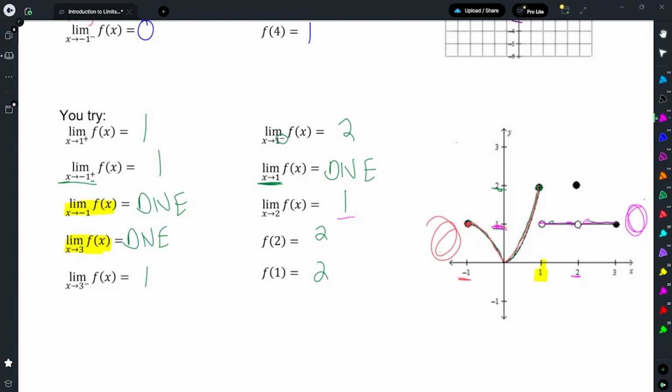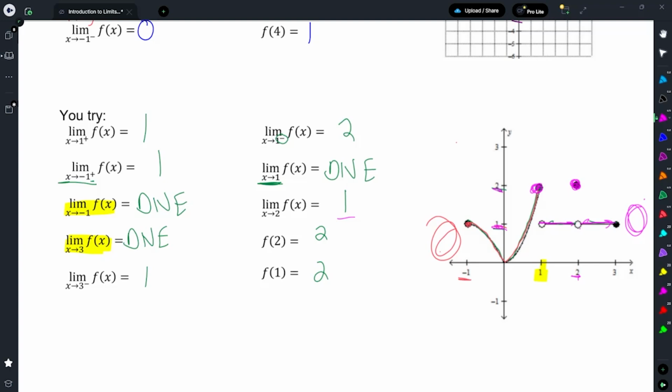We only have a left-sided one. F of 2. When x is 2, the y value is 2 because we have a closed dot up here. And then the limit as x approaches 3 from the left side, as we get closer to 3 from this side, our y values approach 1. And then f of 1 is equal to 2 because we have a closed dot here.